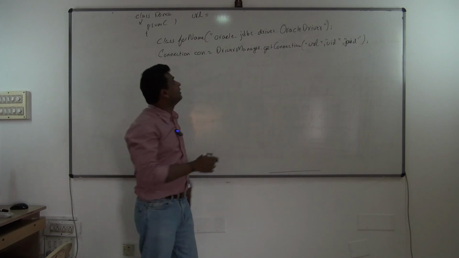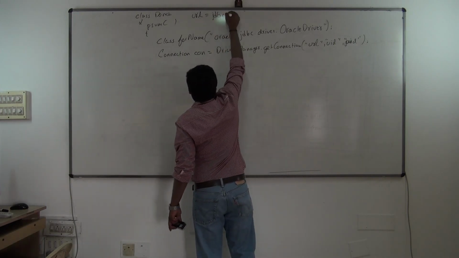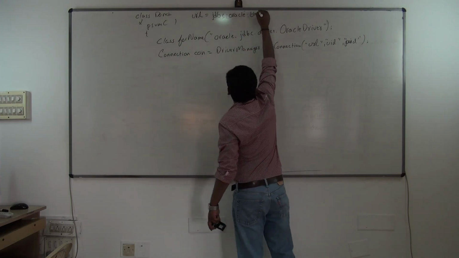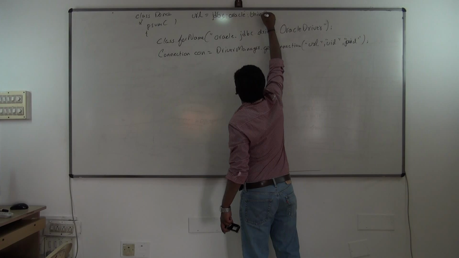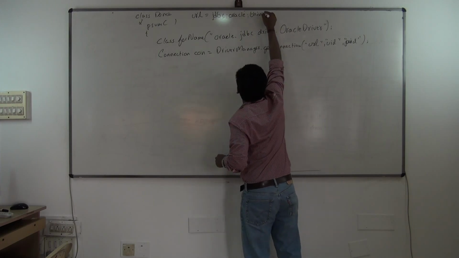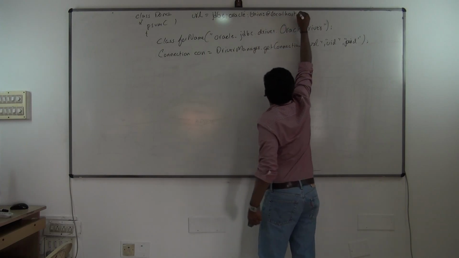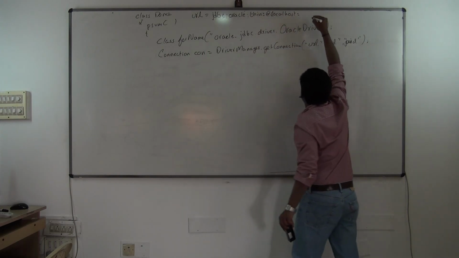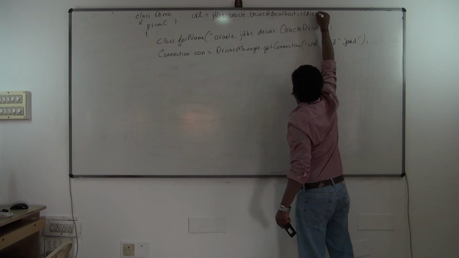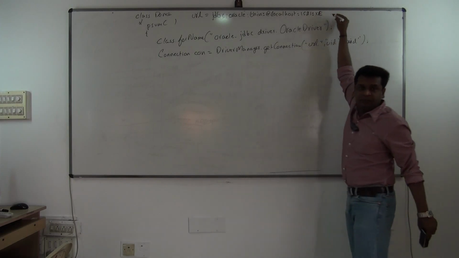All that you give in one line, like this: jdbc colon oracle colon thin colon @ localhost colon 1521 colon XE. XE is the instance name.